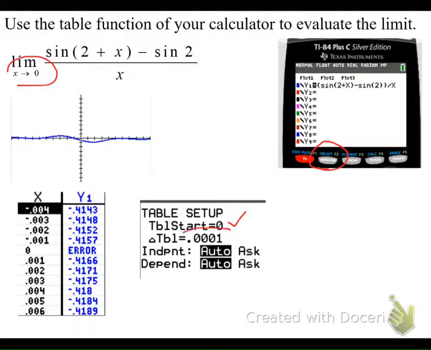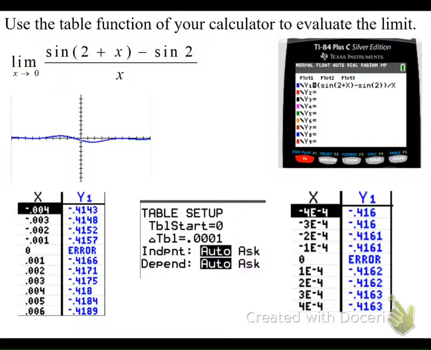And then I'm going to count by 0.0001. I'm really going to count by small increments. And then look at the table one more time. And notice now it's pretty clear that at an x of 0, my height is trying to reach negative 0.416. Oops, decimal's in the wrong spot.